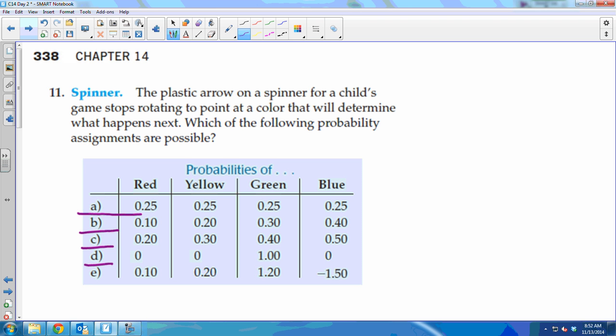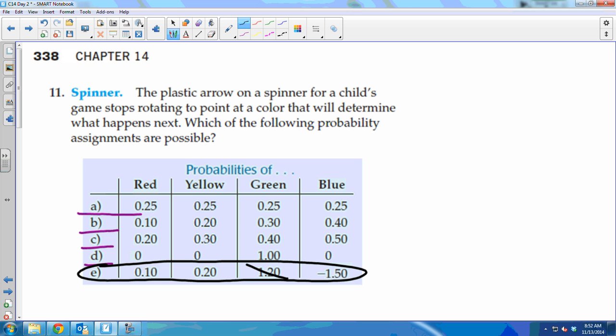So you need to make sure what's happening between these probabilities. Like, which one can you just look at it immediately and say that is not one? E. E is not a probability assignment because there's a 1.2 and there's a negative, and both of those are not allowed in general ever. So E would not be a possible probability assignment.